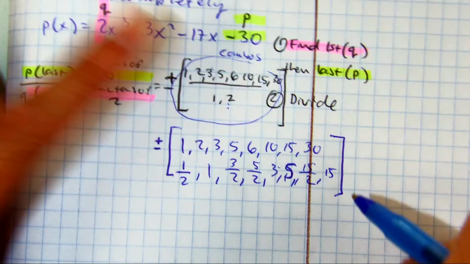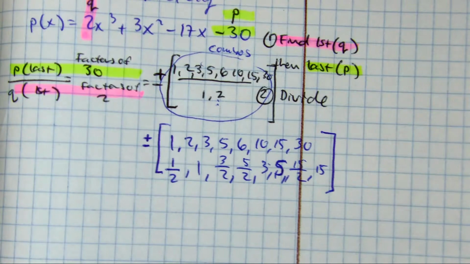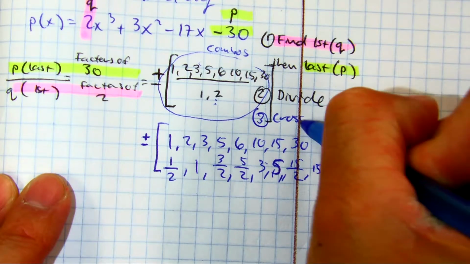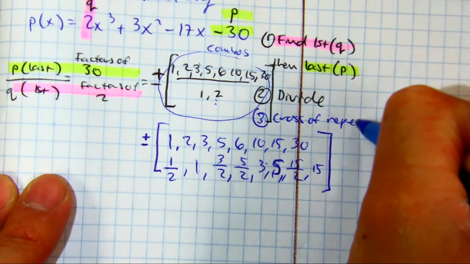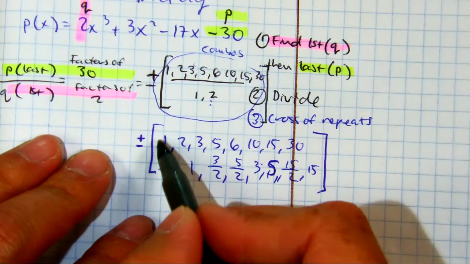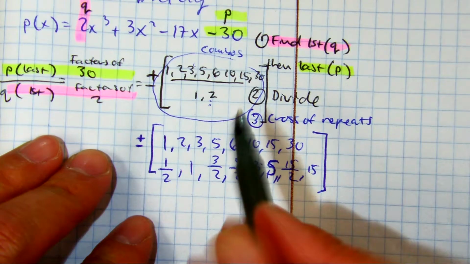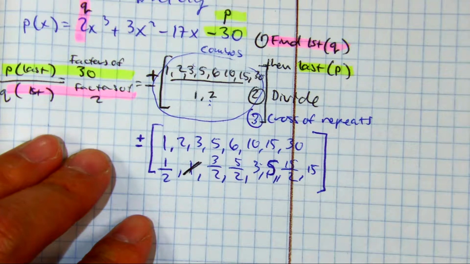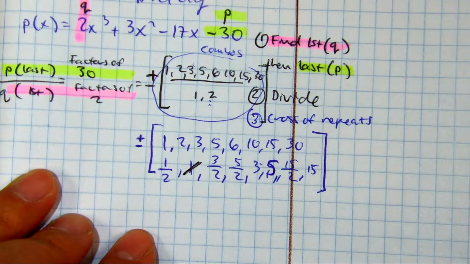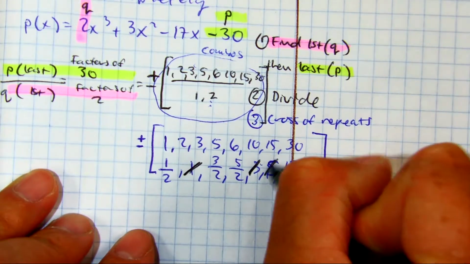Okay, then it said to cross off all of the what? Cross off repeats. Okay, which numbers are repeating? 1. Okay, so I'm not going to test the same number twice. So that's why I'm crossing that off. Any others? 3. 3, 5. 5, 15. 15.